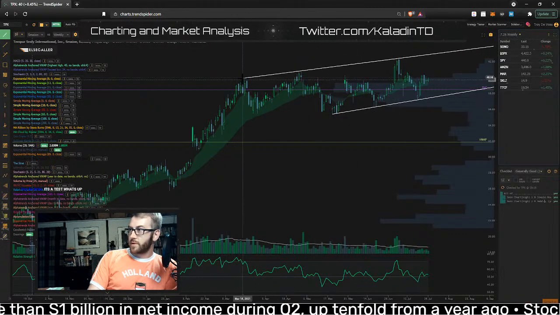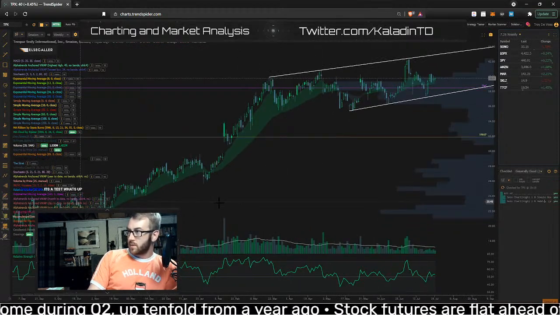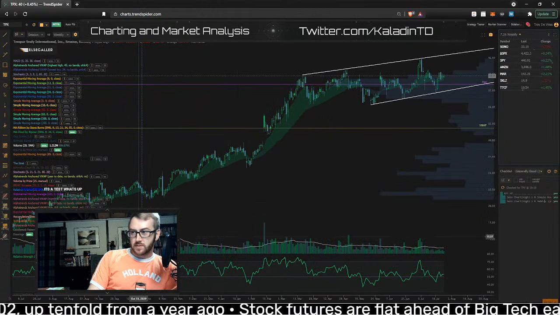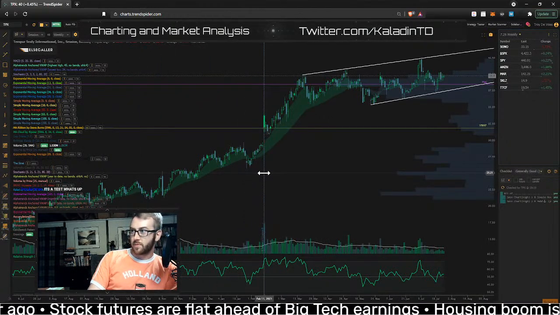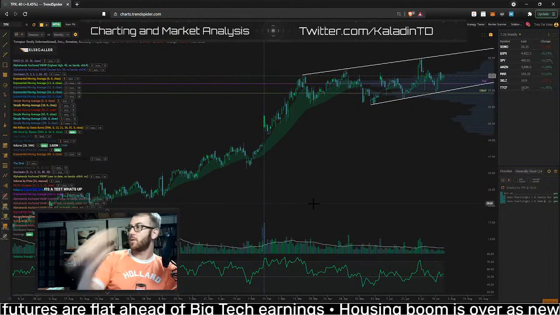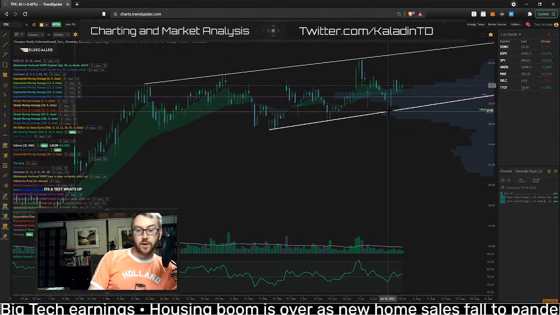Let's draw this channel here. Looking pretty good. We'll put this volume by price at this large gap up from February. This would have been a great trade right here.